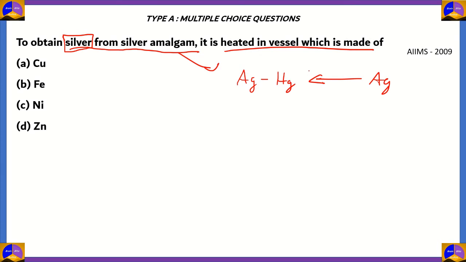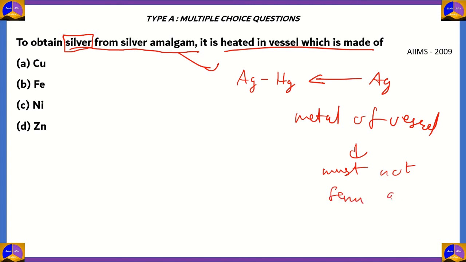Mercury can form more than one amalgam, so the metal of the vessel must not form an amalgam in order for pure silver to be obtained. If you look at option D, zinc can form an amalgam, that is ZnHg, so option D is incorrect.